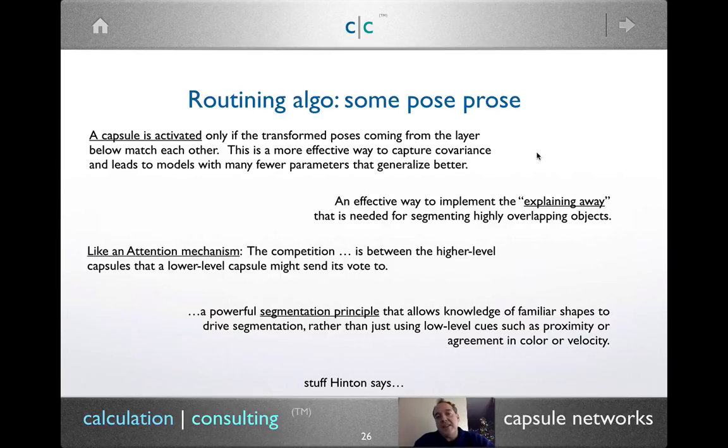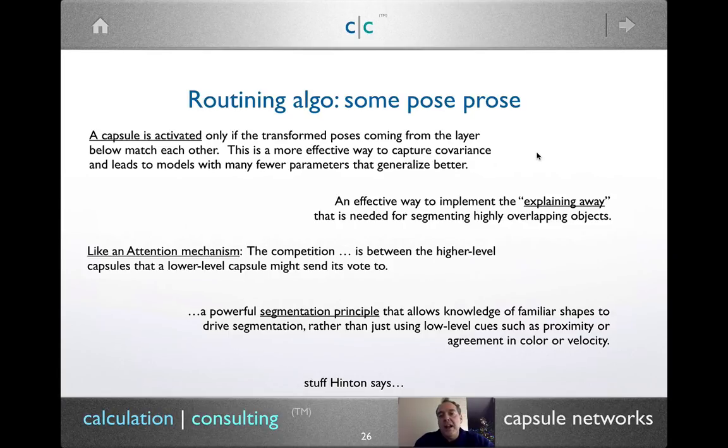A capsule is activated only if the transformed poses coming from the layer below match each other. This is a more effective way to capture covariance and leads to models with fewer parameters that generalize better.